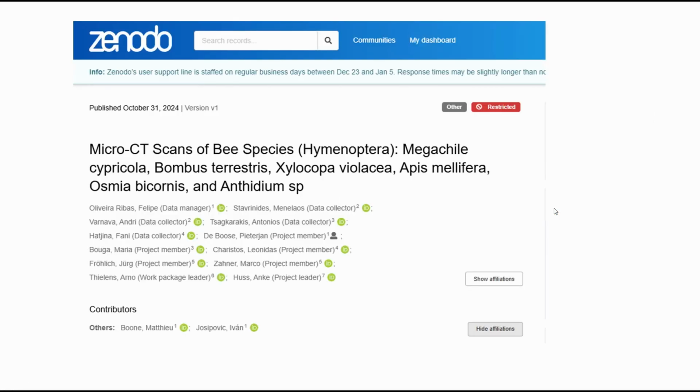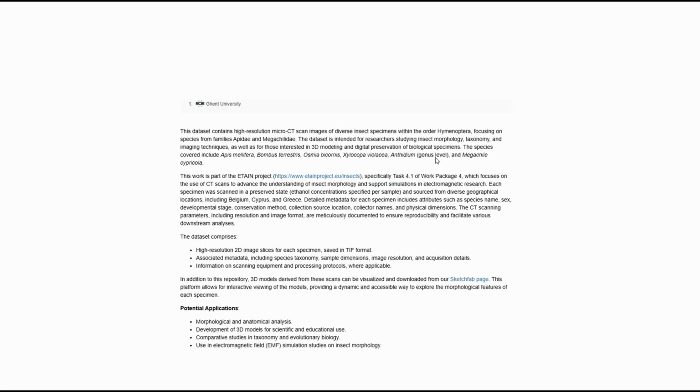I was very lucky that Philippe Oliveira Ribas from Ghent University and Dr. Arno Tierlens, plus Professor Matthieu Boone from radiology, have permitted me to look at their data sets of a number of different bees. This gives the background to the data.